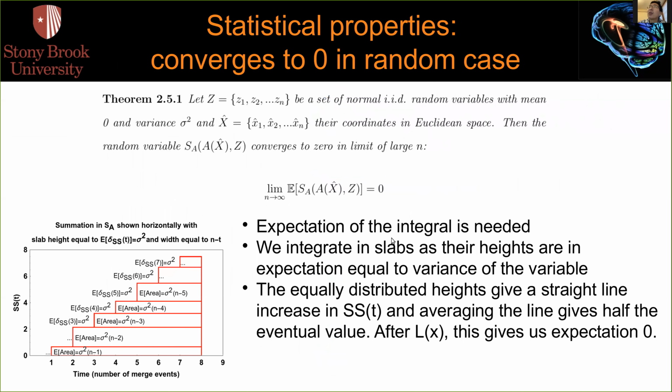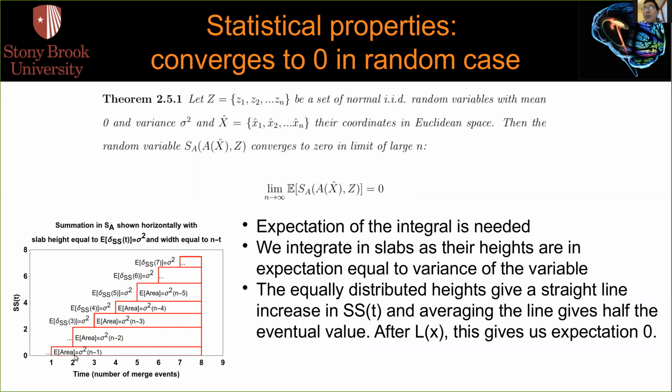Now, here's a theoretical property of the statistic: given a random variable as the feature we're computing autocorrelation of, in the limit of a large number of samples, we are bound to get 0. That is proven by looking at the trace of the sum of squares and showing that it increases from 0 to its eventual value at a more or less uniform pace.